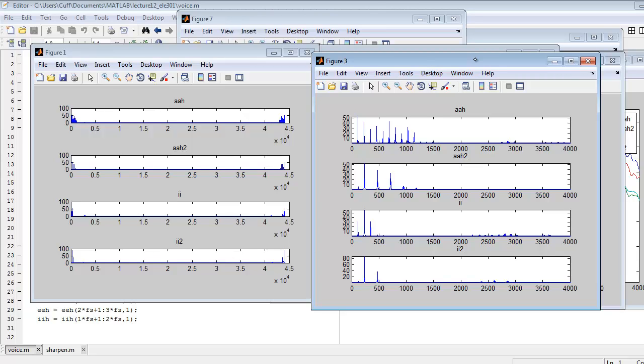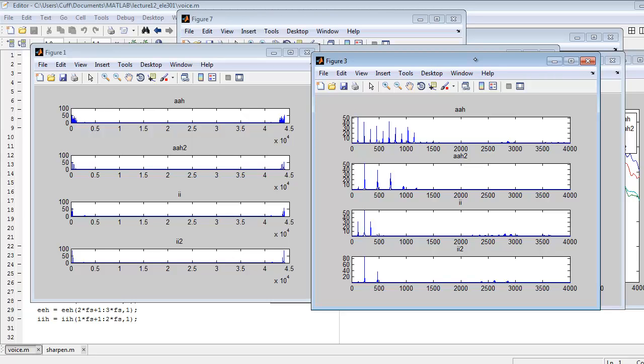So there should be some sort of envelope that these both have in common. Now, it's not going to be perfect, but it's definitely different than the envelope you see for the E sound. The E sound makes the harmonics at the very low frequencies pronounced and gets rid of them up here. It doesn't have a lot of harmonics up here in both cases.